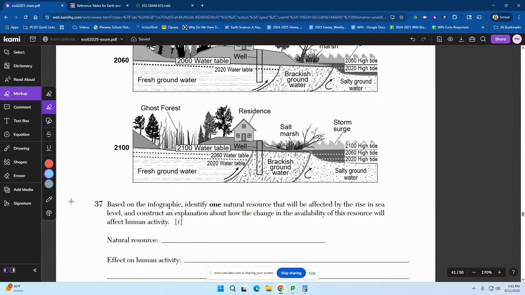So 37 says, based on the infographic, identify one natural resource that will be affected by the rise in sea level and construct an explanation for how the change in the availability of this resource will affect human activity. Okay. So natural resources are things that we use that are found in nature.